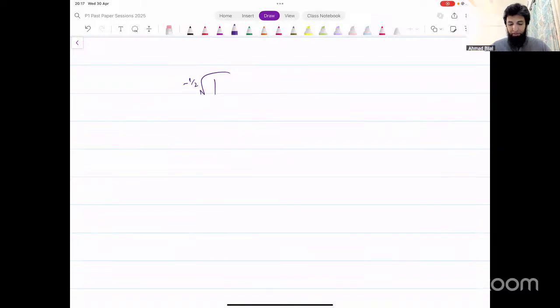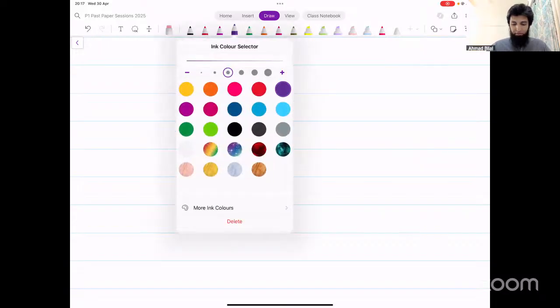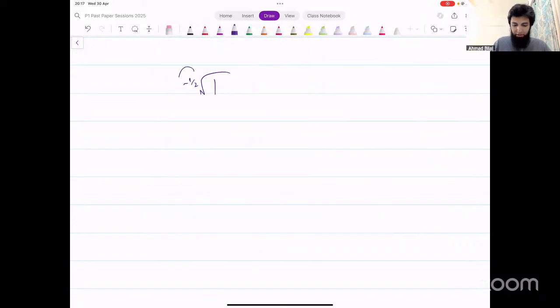If there's a plus minus with this, why would there be a plus minus with this? This is minus 1/2. This is not even a square root. This is a half root.